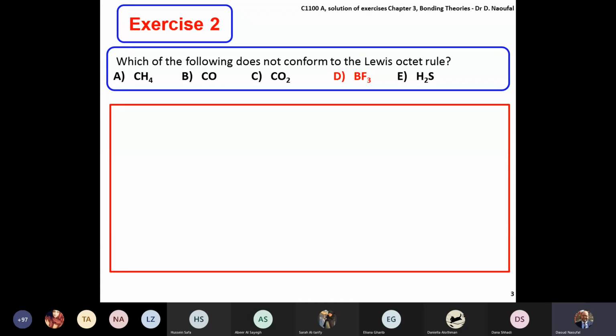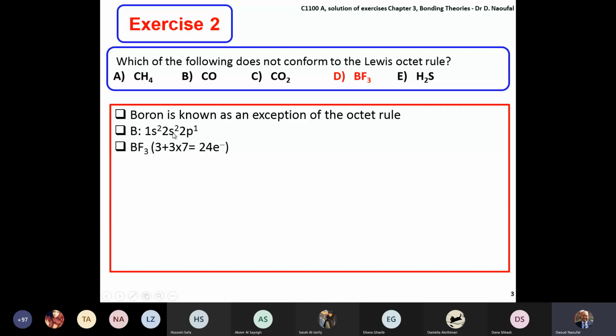So we can write directly that the answer is D. It's not necessary in this type of exercise to prove that BF3 does not follow the octet rule, but I will solve it. So boron is known as an exception to the octet rule. The boron has electronic configuration 1s2, 2s2, 2p1. So the boron has 3 valence electrons, 3 plus 3 times 7, so we have 24 electrons.